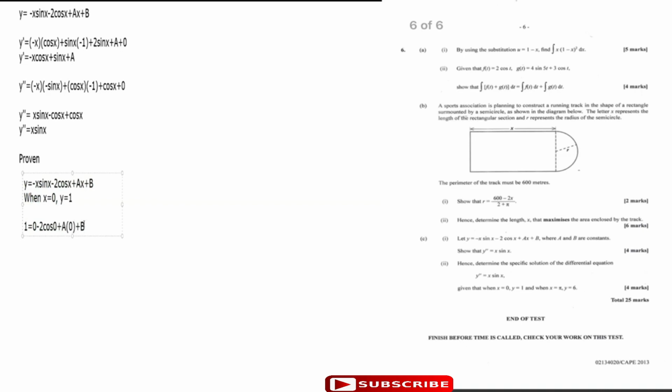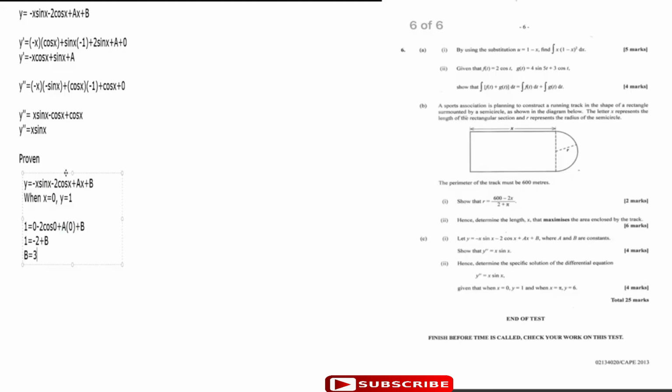The cosine of 0 is 1. So we're getting 1 equals minus 2 plus b. And so we transpose for b by adding 2 to both sides, and so b equals 3.